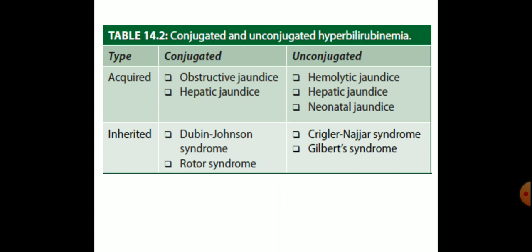The inherited hyperbilirubinemias where only conjugated bilirubin levels are elevated are seen in Dubin-Johnson syndrome and Rotor syndrome. And those where only unconjugated bilirubin levels are elevated are observed in Crigler-Najjar syndrome and Gilbert syndrome.